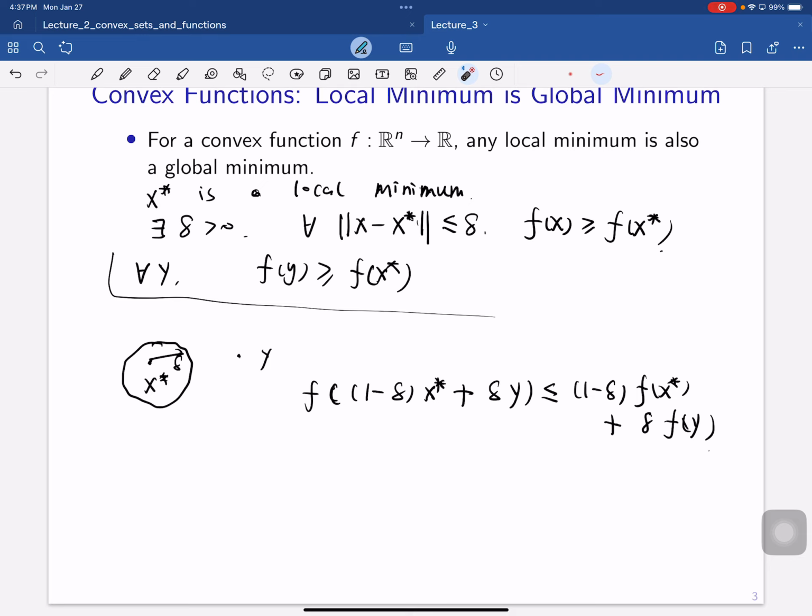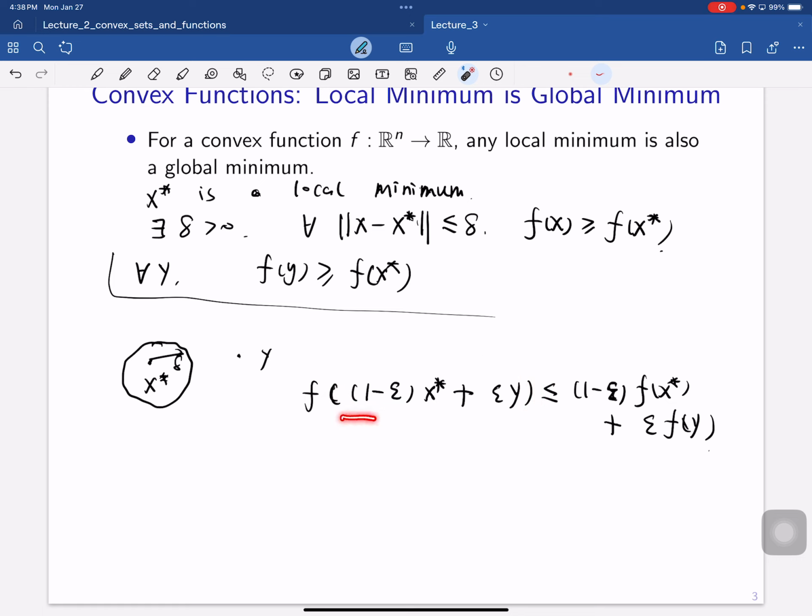so maybe I shouldn't be using delta here. So let's use another letter. So let's use maybe epsilon here. Okay, so now we know that when epsilon is small enough, right?